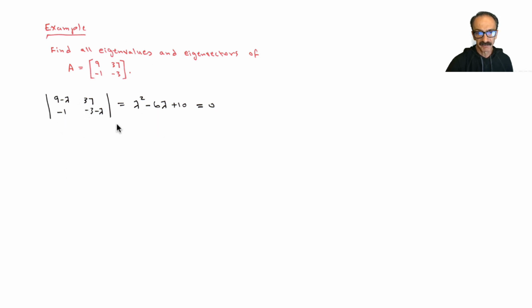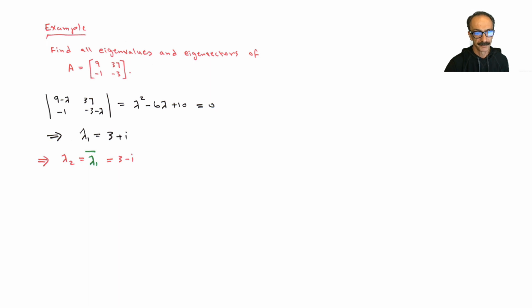Once you simplify, skipping the algebra steps, you get lambda squared minus 6 lambda plus 10 equals 0. You can't factor it with real numbers, so you end up with complex. So we have 3 plus i, which is going to be called lambda 1. Lambda 2 is going to be 3 minus i, which is the conjugate of lambda 1.